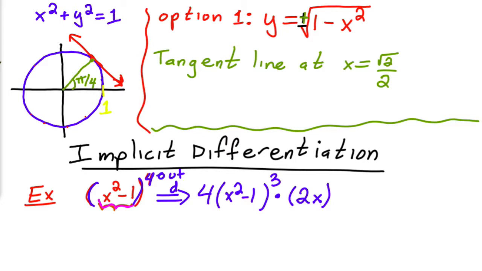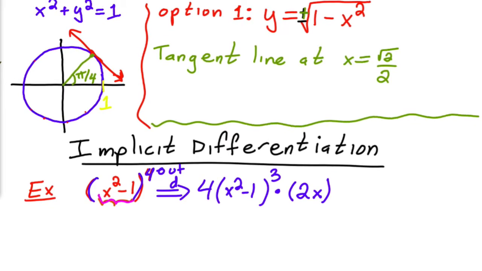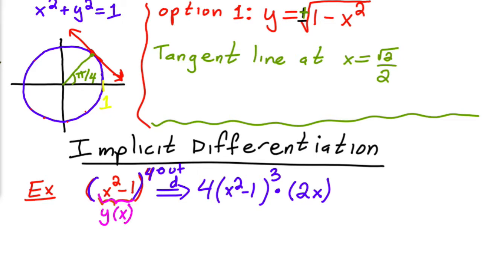Okay, so what I want you to pretend, and this is going to help the implicit differentiation method make sense, think of this guy right here, the inside, as, let's call that y. And let's just emphasize that if I call this guy y, y is going to be a function of x, right?